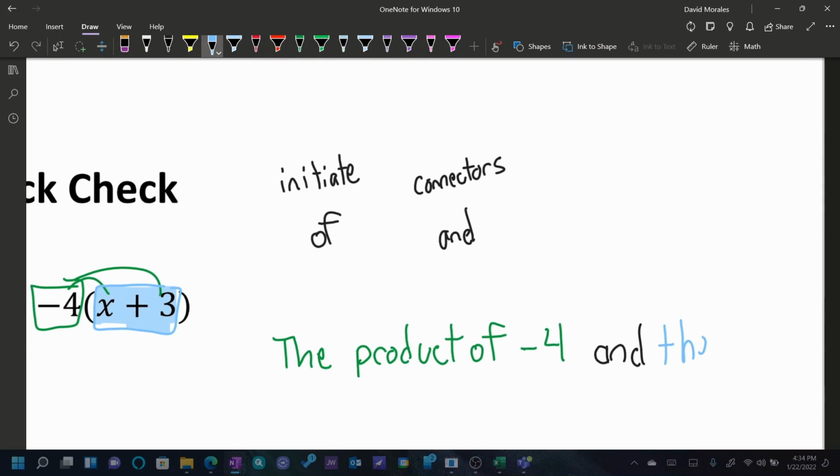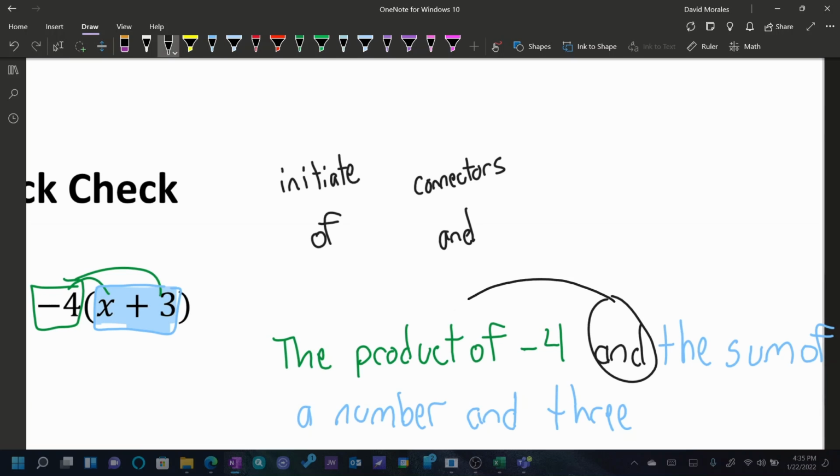The sum of a number and 3. Okay, so as you can see, this and right here is saying, hey, this -4 is multiplying to who?